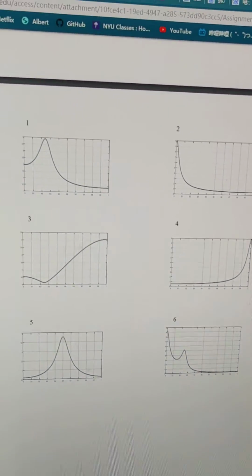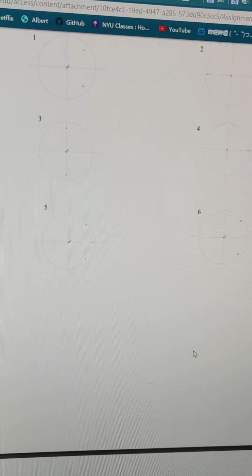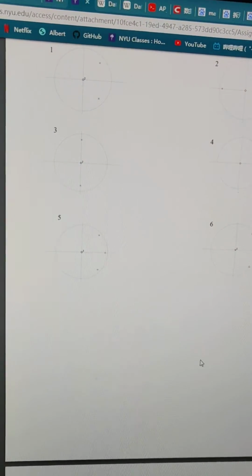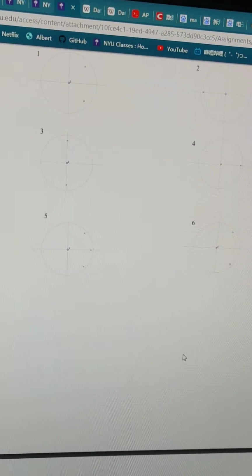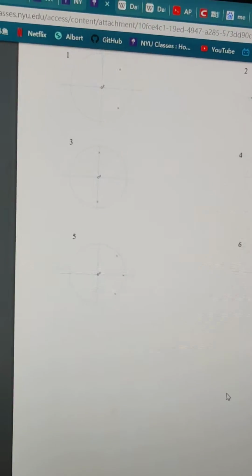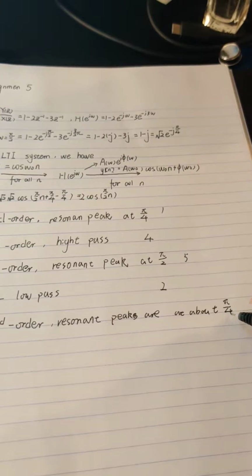So then we go to the pole zero diagram 5. It's a little bit difficult. We can find from this diagram that first it will be third order, and resonant peaks at about pi over 2 and 0.